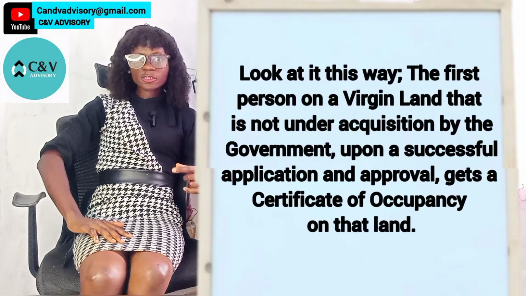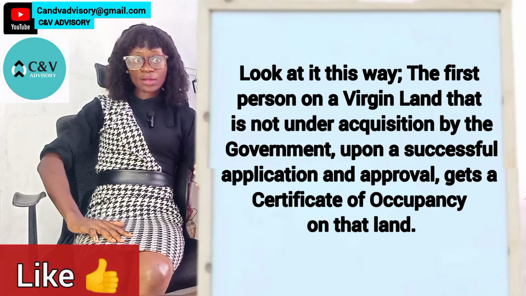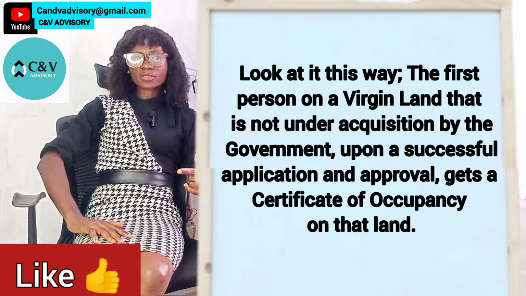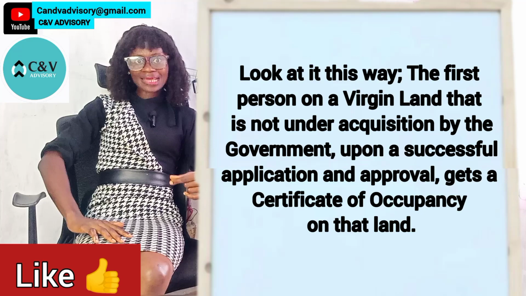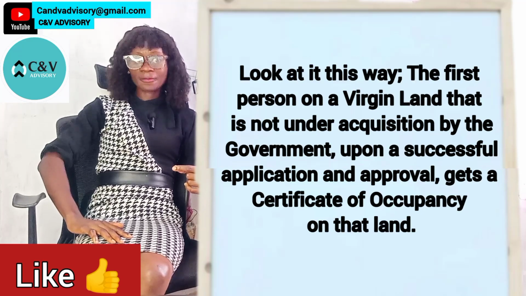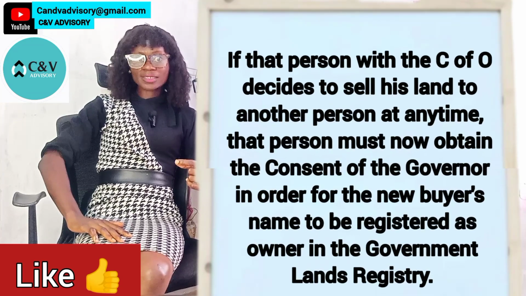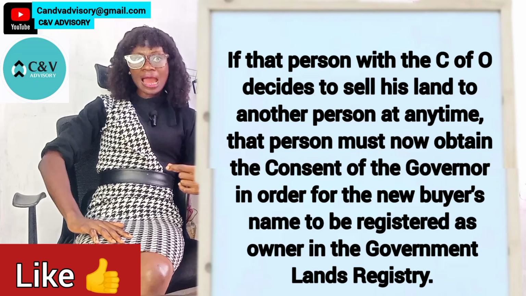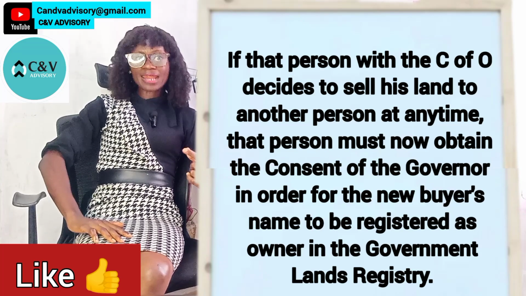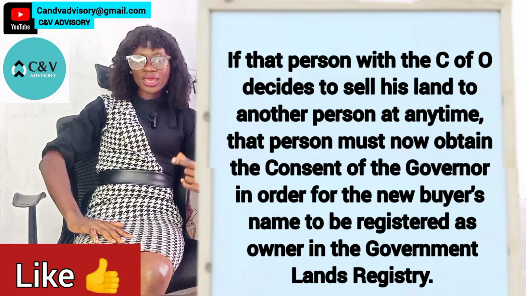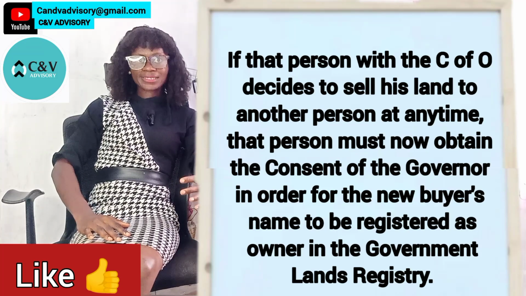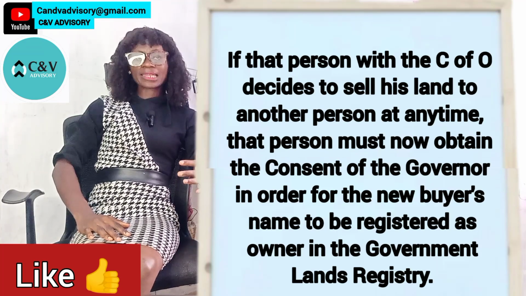Look at it this way: the first person on a virgin land that is not under acquisition by the government, upon a successful application and approval, gets a certificate of occupancy on that land. If that person with a C of O decides to sell the land to another person, at any time, the person must now obtain the consent of the governor in order for the new buyer's name to be registered as owner in the government land registry.